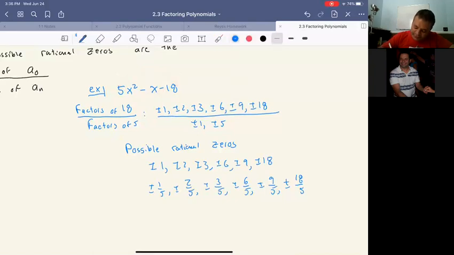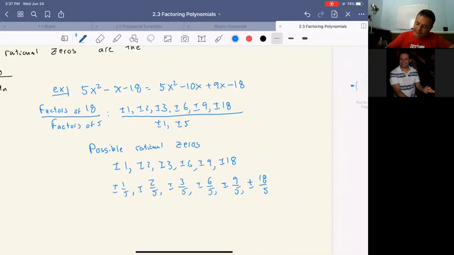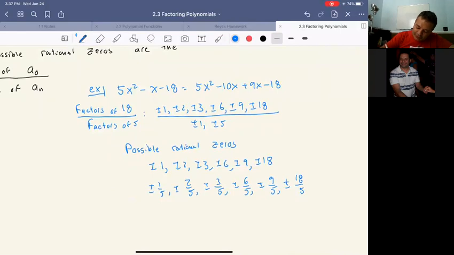So I'm going to rewrite this as 5x squared minus 10x plus 9x minus 18, and then do a little factor by grouping. This is not really part of this, it's just a reminder. So 5x times x minus 2, plus 9 times x minus 2, and that equals 5x plus 9 times x minus 2.